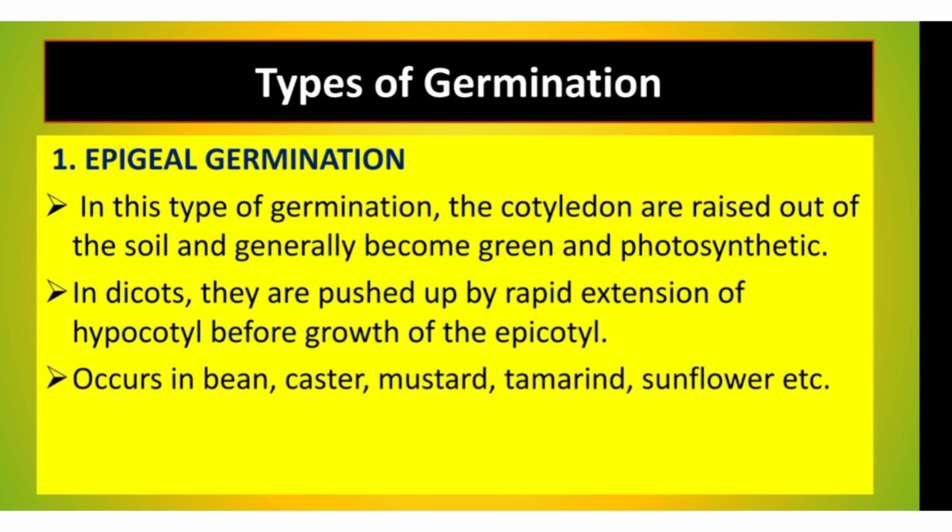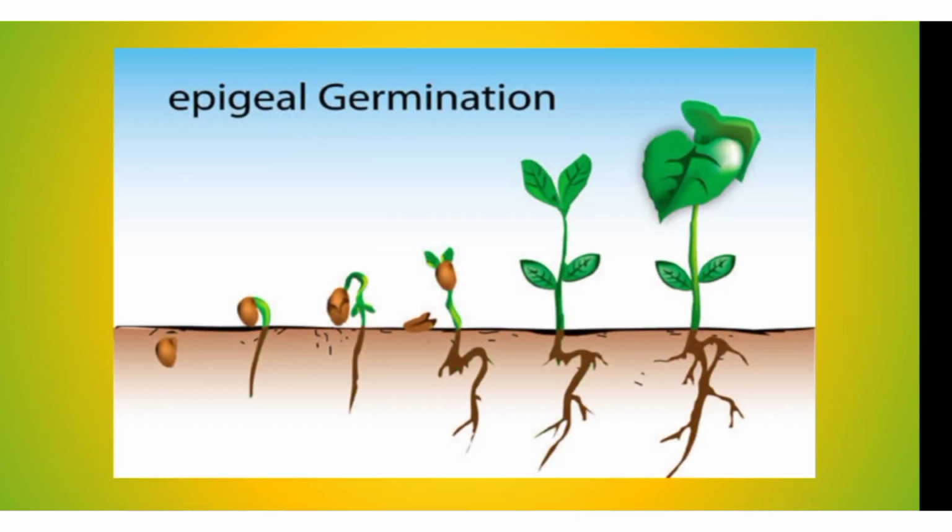This occurs in bean, castor, mustard, tamarind, and sunflower. This is the epigeal germination in which the plant carries the cotyledons upward.